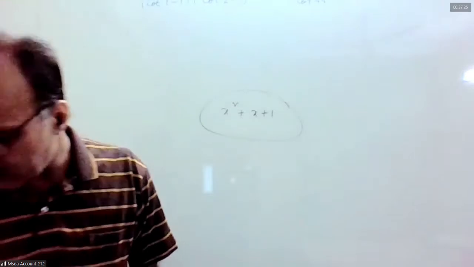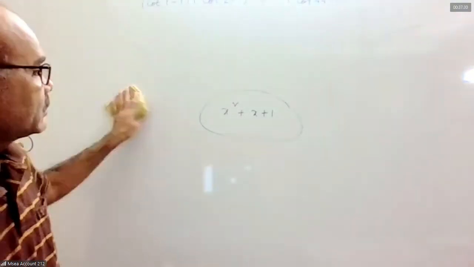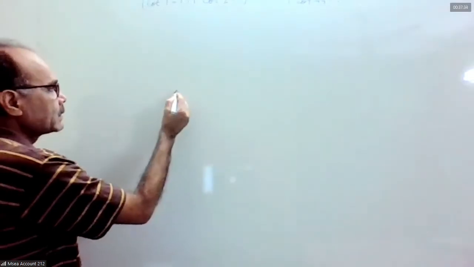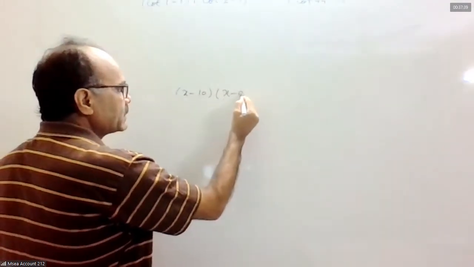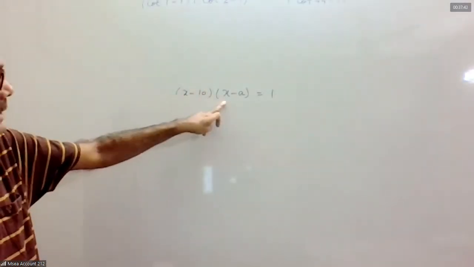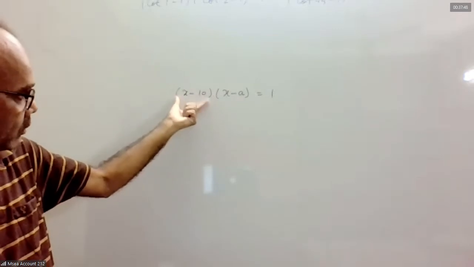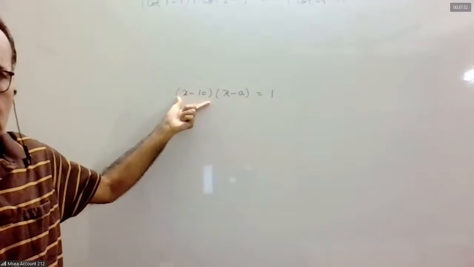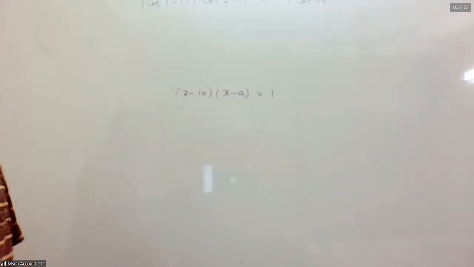24. Integral values of a for which (x minus 10) into (x minus a) has one integral root. It's also a one-line question. (x minus 10) into (x minus a) equal to 1. We are looking for integral roots, which means x is an integer, and a is an integer. So both the factors are integers.